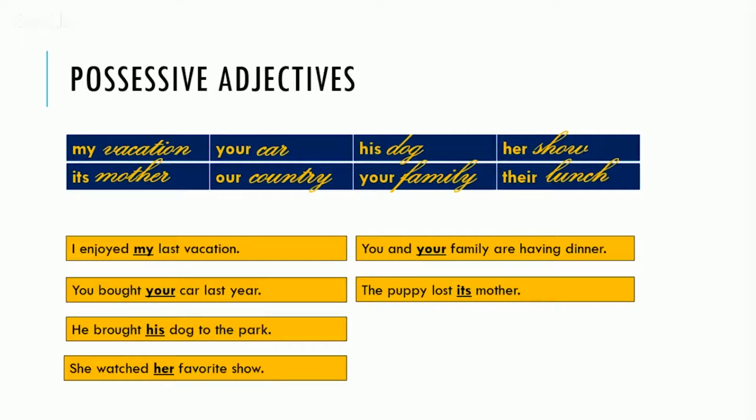The rule in English is you want to use its for animals, but you'll notice that a lot of people don't do that, because when they talk about animals, they're talking about una mascota, they're talking about a pet. So they already know the gender of the animal, and because they love the animal, they turn the animal into a human being, into a person, into a he or she, right?